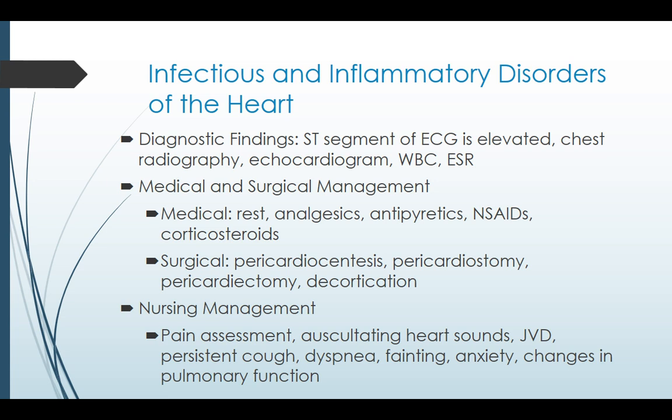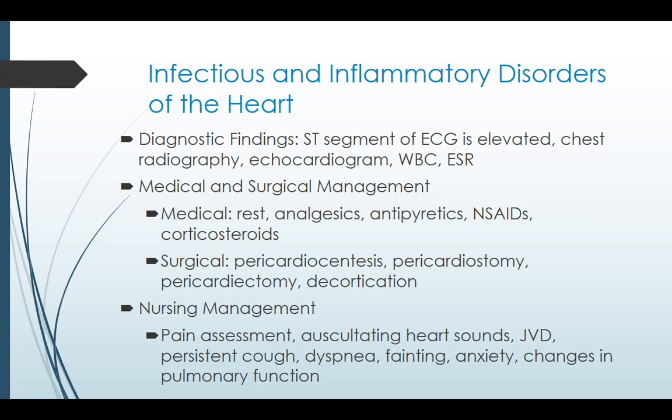Surgical is a pericardiocentesis and a pericardiostomy. That's where they actually cut the sac away from the heart. It's not really necessary to have the pericardial sac, and they can do that with very little complications to it.